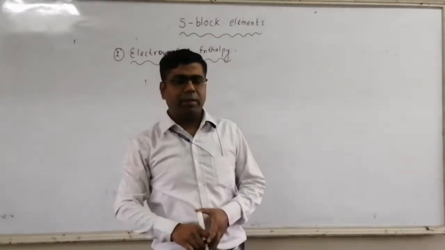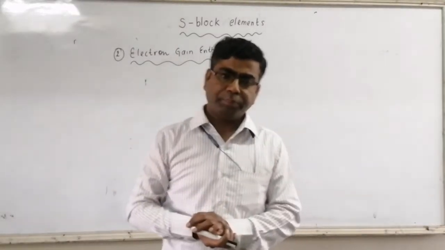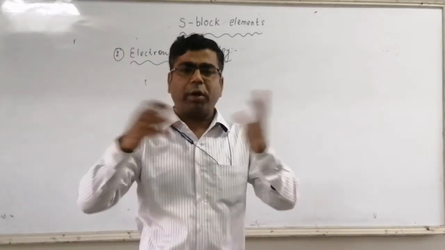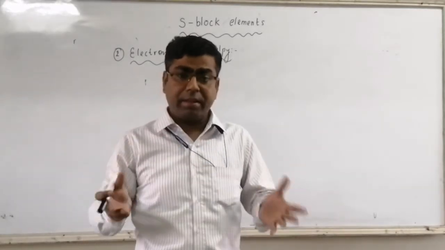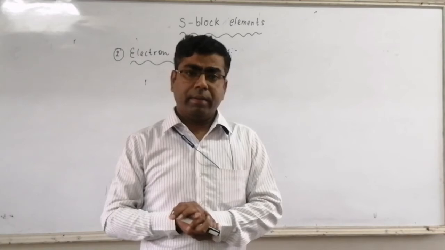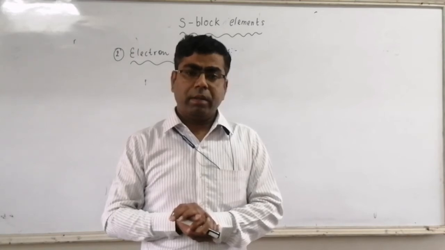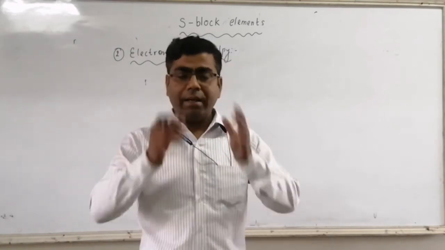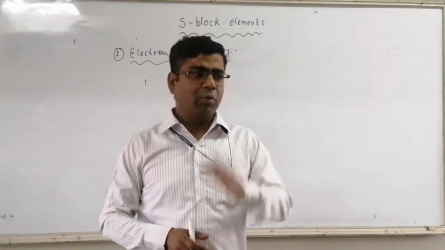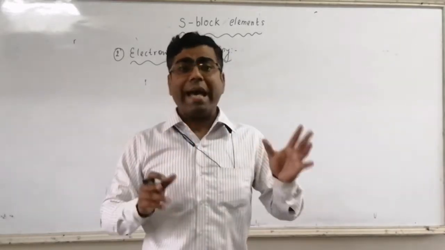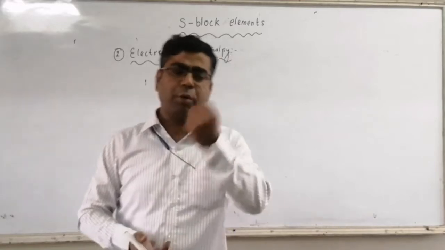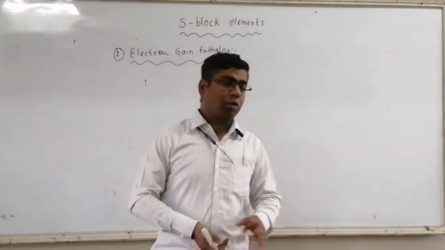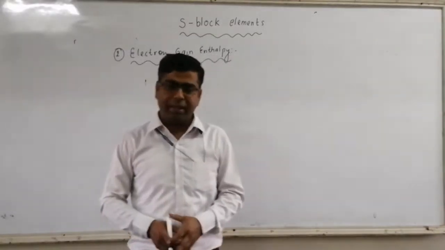Whenever term enthalpy is there, it means energy. Ionization potential, ionization energy, again it's the energy required. If energy is required, energy is absorbed for the removal of electron, then the process is called endothermic process. Energy is absorbed. Now let us talk about electron gain enthalpy or electron affinity.